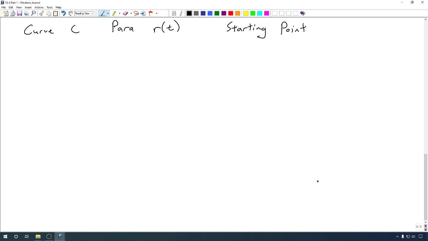But we're really just looking at some curve here. We've got the C. We pick some point. Maybe we'll even say it's point A. We have a point A that's on there that we chose as a starting point.